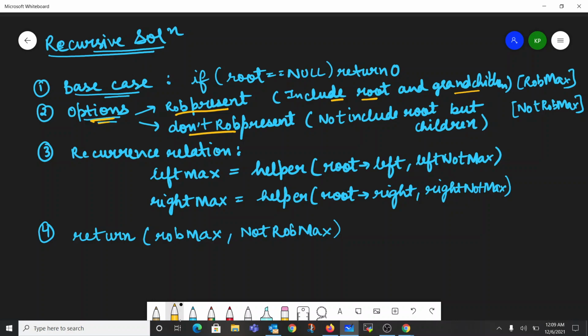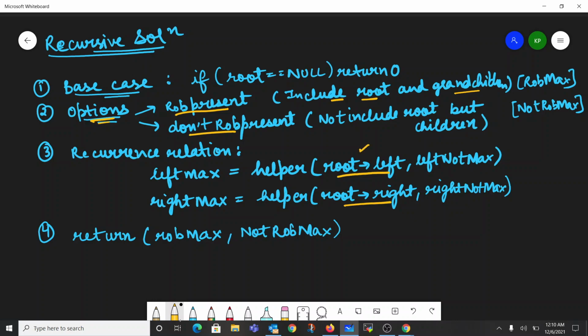Then comes the part of the recurrence relation which I would be using. So our recurrence relation would be simply like that for traversing the left subtree and for traversing the right subtree. And while traversing the left subtree, I would be checking the left node max, basically those nodes which I am not choosing, and the right node max, basically those nodes which I am not choosing.